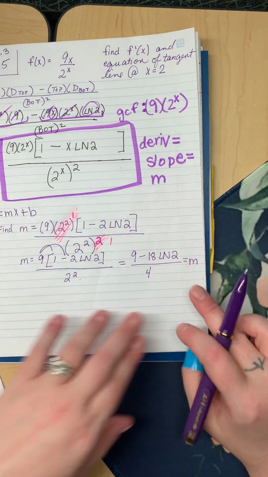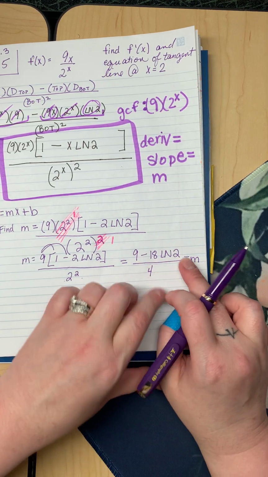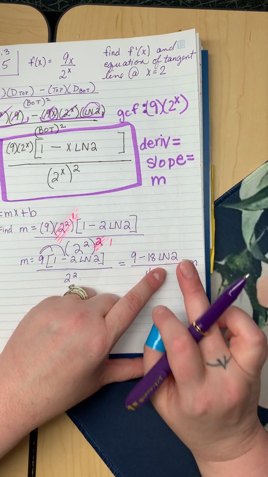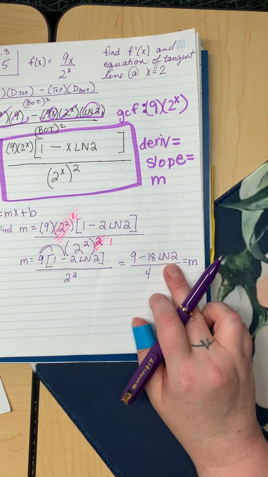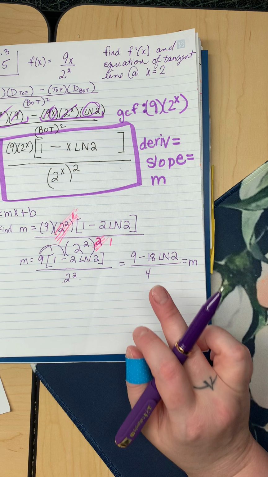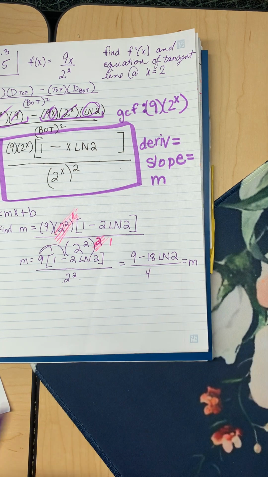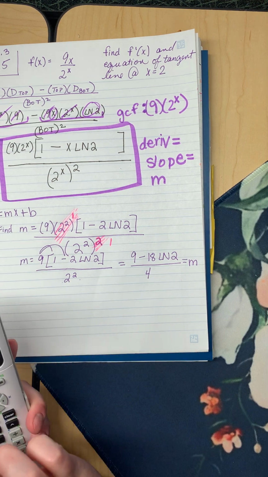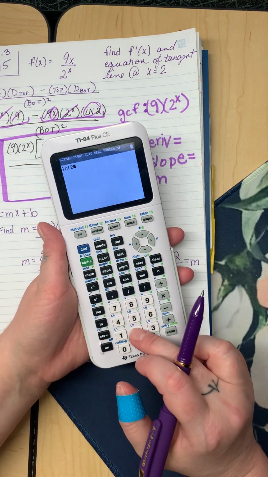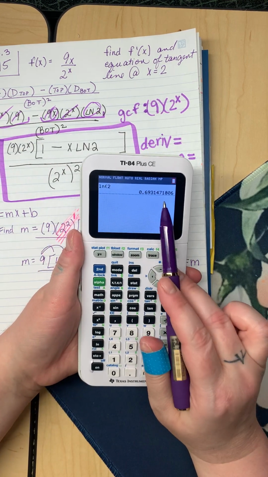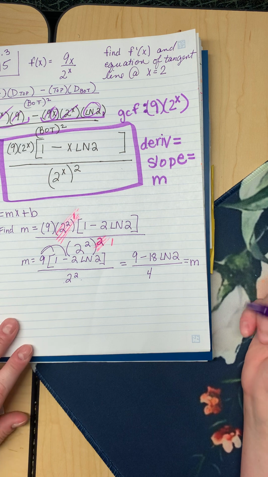Well, for us, our slope is just a bunch of numbers. Even this ln 2, because technically you can type ln 2 in the calculator and get a number. So even though it seems awkward that it's my slope, it is my slope because there are no letters left, because this ln 2 actually represents a number. So this is my slope.